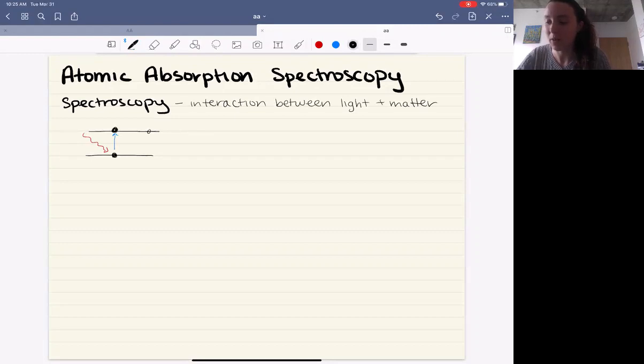And similarly, if you have an electron in a higher energy state, it can relax back down into the lower state and emit a photon. So spectroscopy is a method where we take advantage of this phenomenon, and it allows us to measure either the absorption part or the emission part.